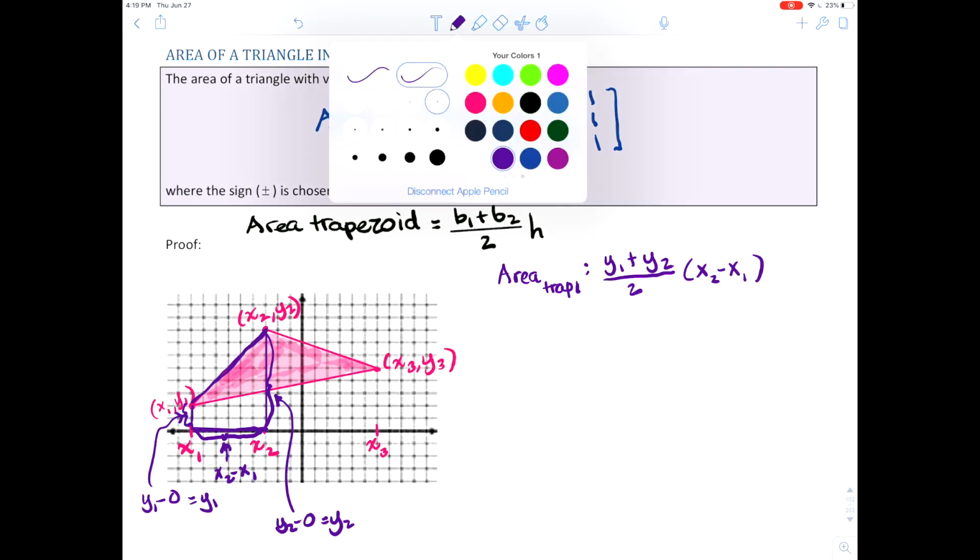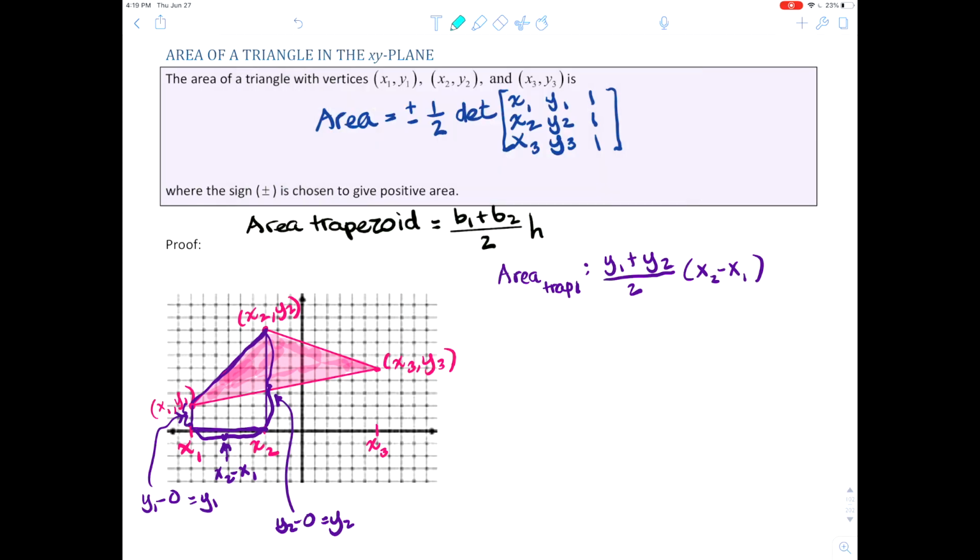And then our next trapezoid, let's check it out, can't we make one using that same edge? Okay, so now let's make a different trapezoid. So area of trapezoid 2. It shares that line that made up one of the parallel bases, and then it's over here, okay?